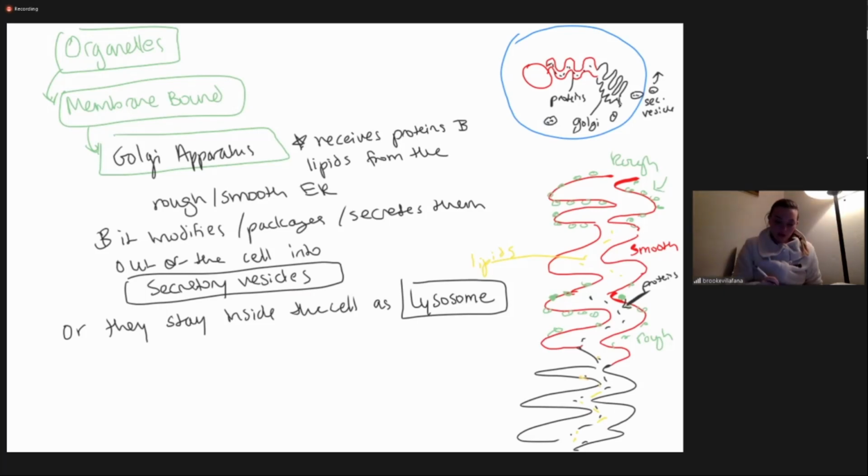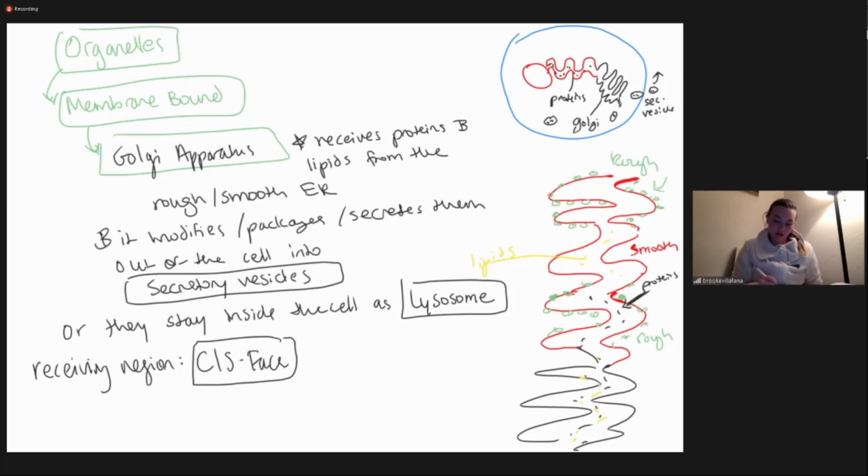Okay. There is a receiving region of the Golgi, and that is called the cis face. So it's the part that receives from the ER. There's a shipping region. So Golgi is kind of like your UPS store, or your Amazon store.